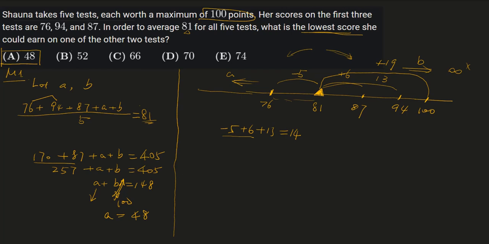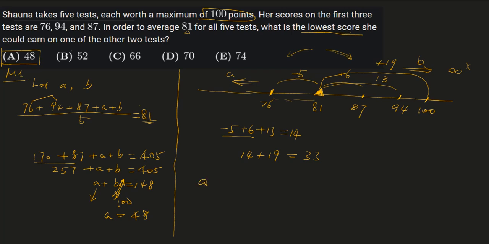Therefore, the total max surplus we could have is 14 plus 19. That is 33. To offset that, the lowest value, A, has to provide a deficit of 33 from this 81.